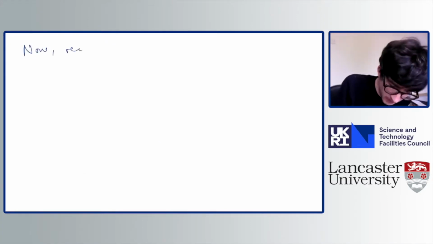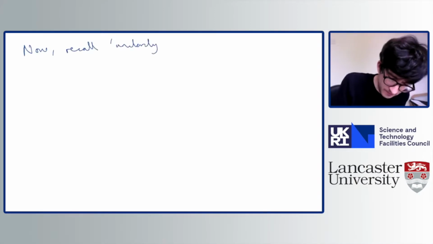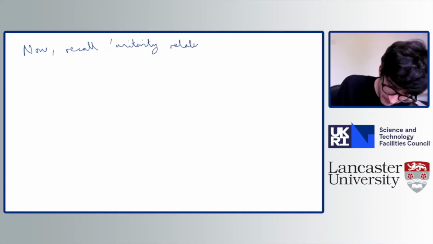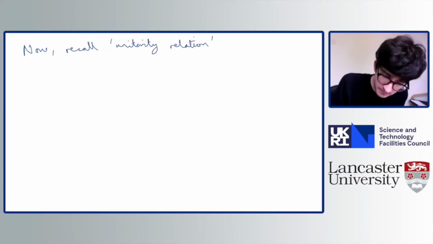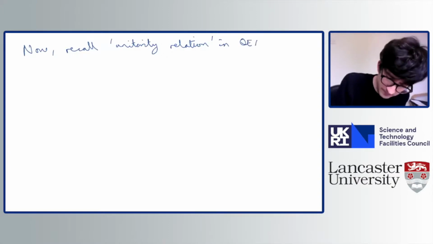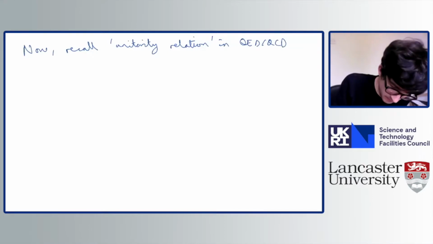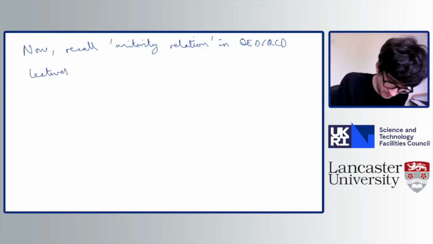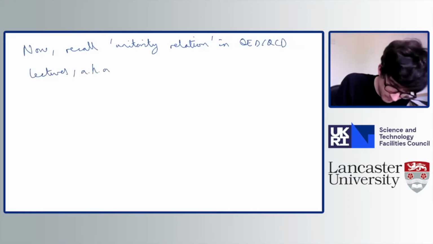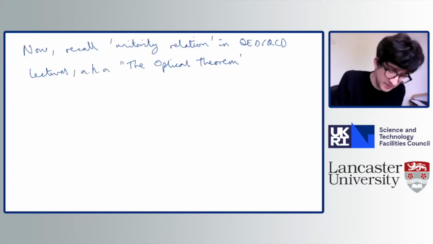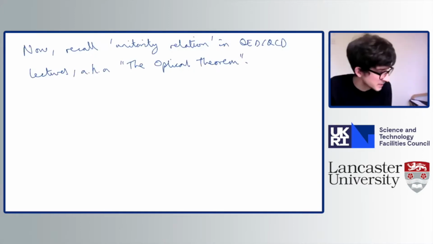we recall our unitarity relation, which you saw, I believe, very briefly, but if not, please ask about it. We can talk about it in the QED, QCD lectures. It's also called the optical theorem. It doesn't matter really what it's called, but if you ever see that name, that's what it is.